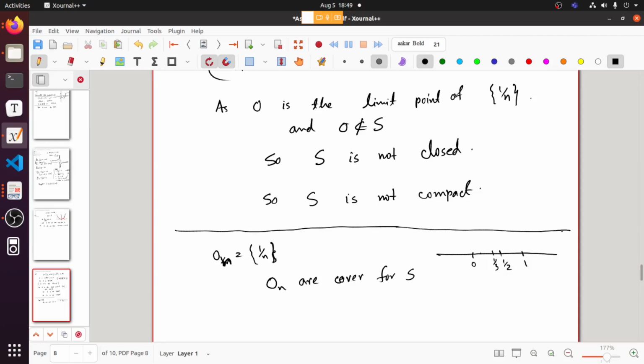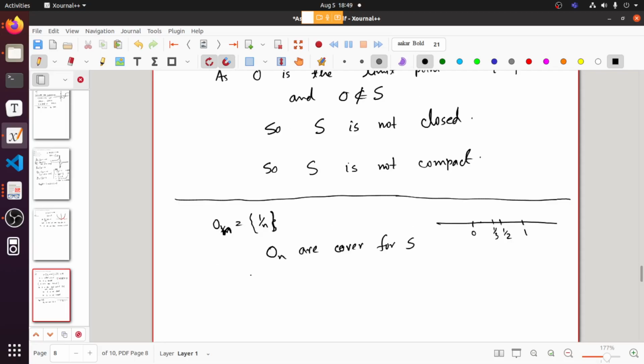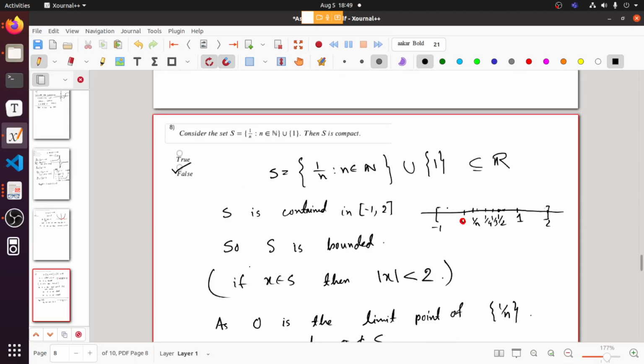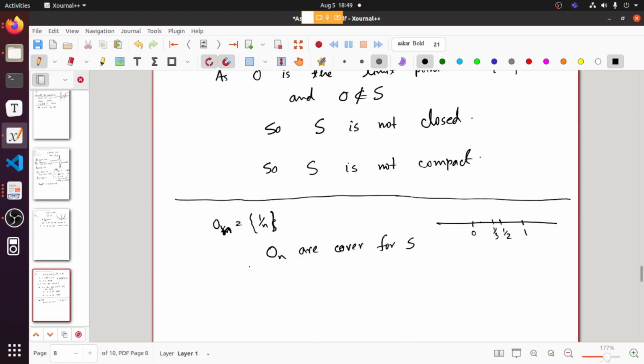But in our actual definition, if the limit point is included, then that set will become bounded and closed, right? That should be compact, no? So what cover do you have to take? You have to take the cover in R, right?